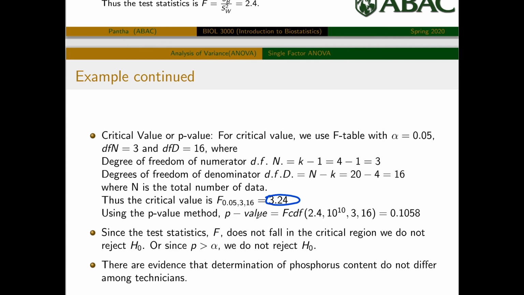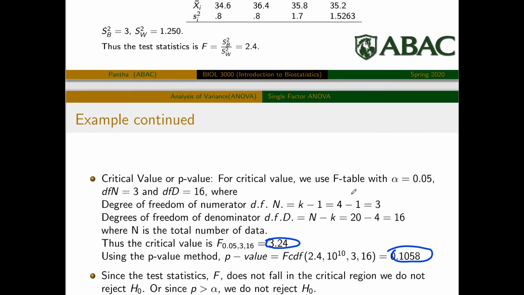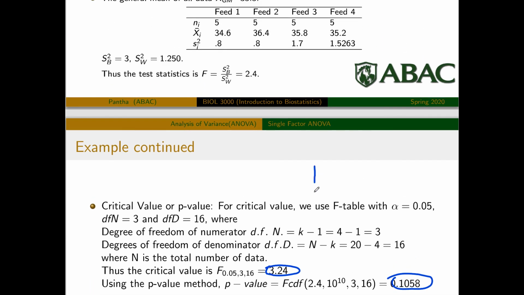Similarly, we find the p-value is 0.1058, right? The test statistic F does not fall in the critical region, because what is the critical region? Our critical value is 3.24, so you see that it is 3.24 somewhere here, but your test value is somewhere here, right?